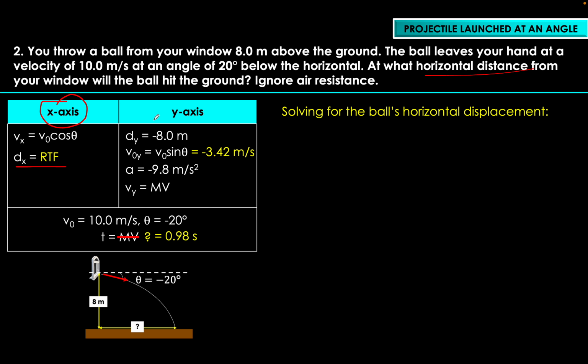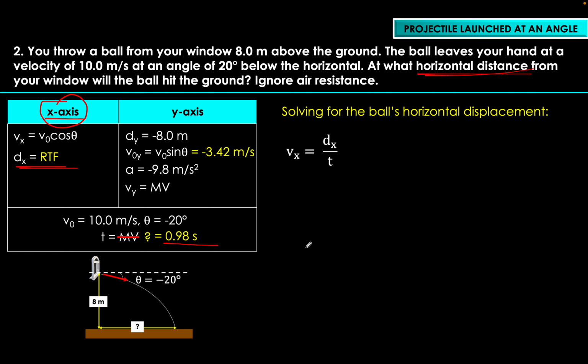So what we did was we used the y-axis to solve for time. The solution became longer than usual because of the need to use the quadratic equation and the quadratic formula because of the format of the equation that we came up with. And then we figured out time already. So we can now go back to the x-axis and actually solve for our d sub x, which is the required to find.